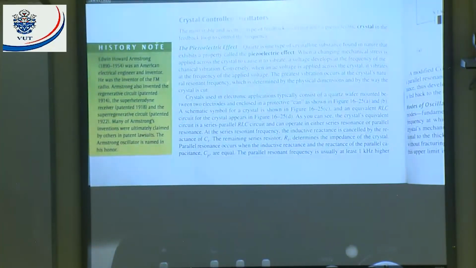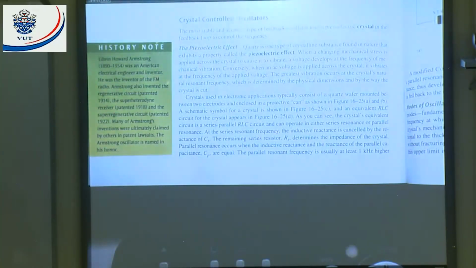the crystal is cut. Crystals used in electronic applications typically consist of a quartz wafer mounted between two electrodes and enclosed in a protective can, as shown in figure 16.25a and b. A schematic symbol of the crystal is shown in figure 16.25c. An equivalent RLC circuit for the crystal appears in figure 16.25d.